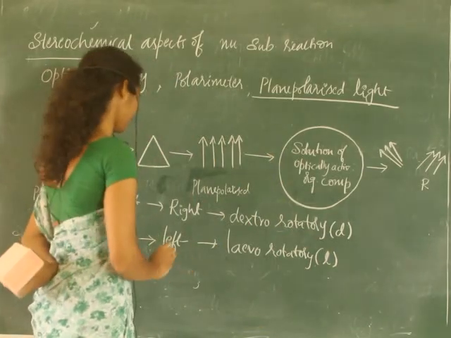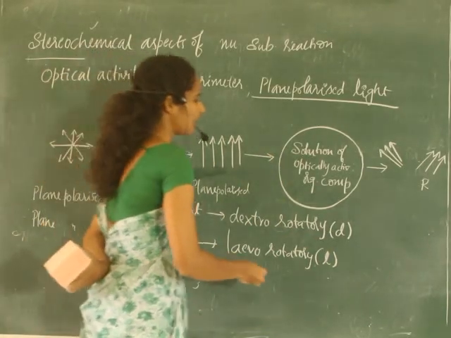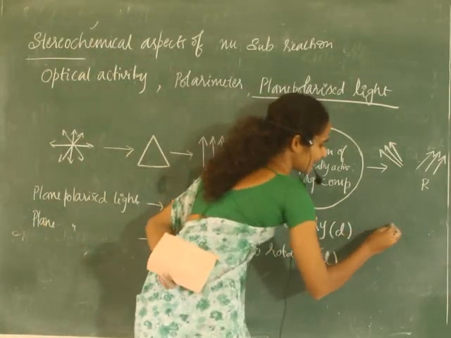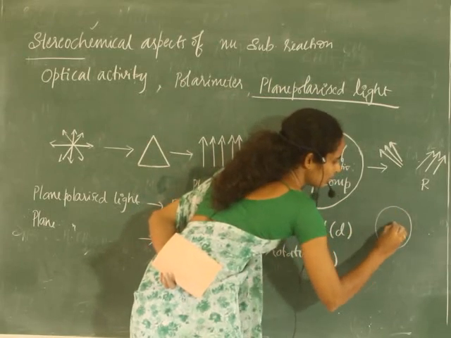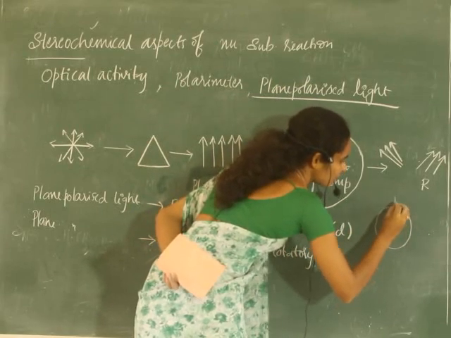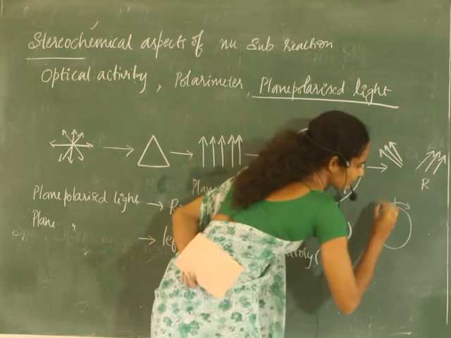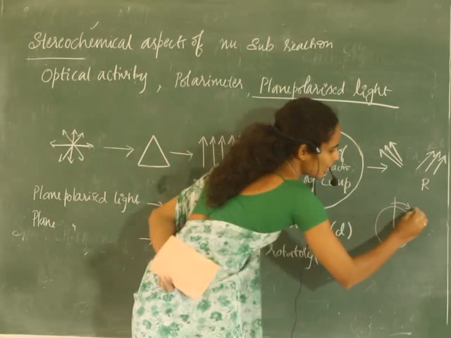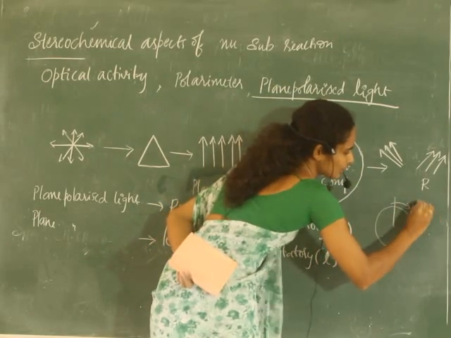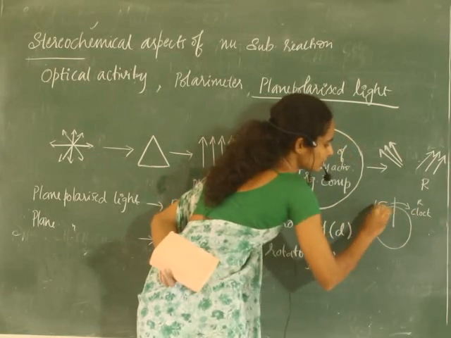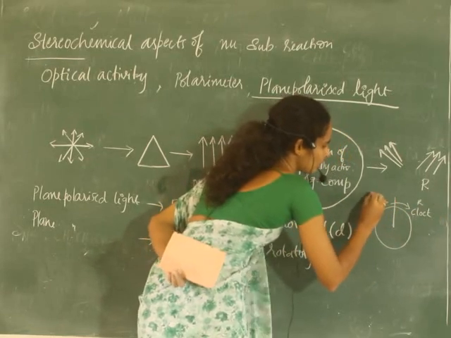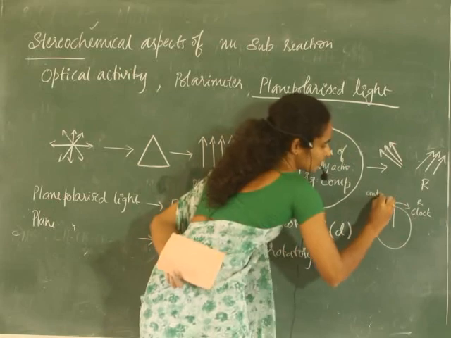Dextrorotatory means D. If I take a clock, the right side we call clockwise, and the left side we call anti-clockwise.